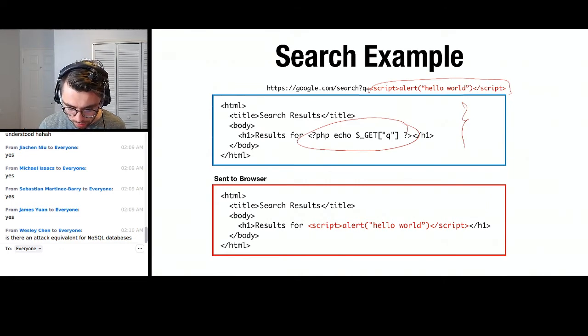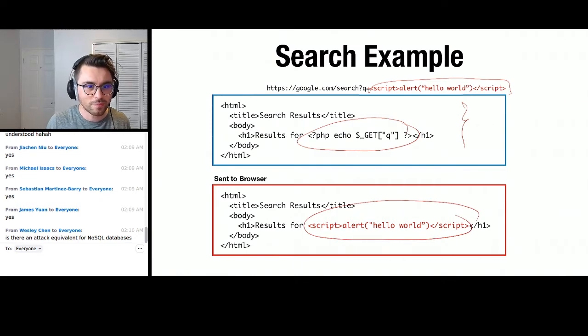What happens? Well, when the page is sent to the browser, it would actually send the script. What happens when I run this particular piece of code? When I visit this page, it would give me that alert. So what happens if I give you a link to this? Well, that code would run in your browser.